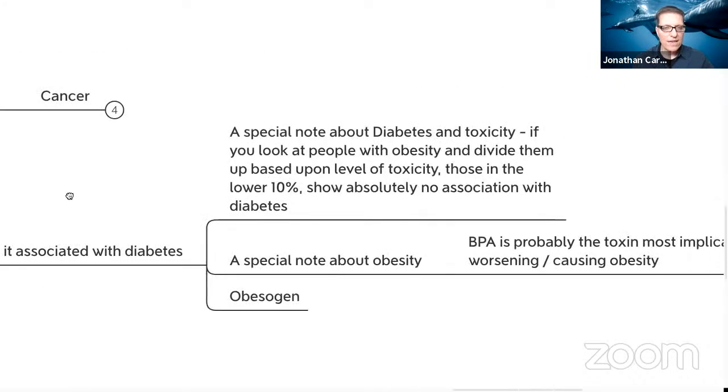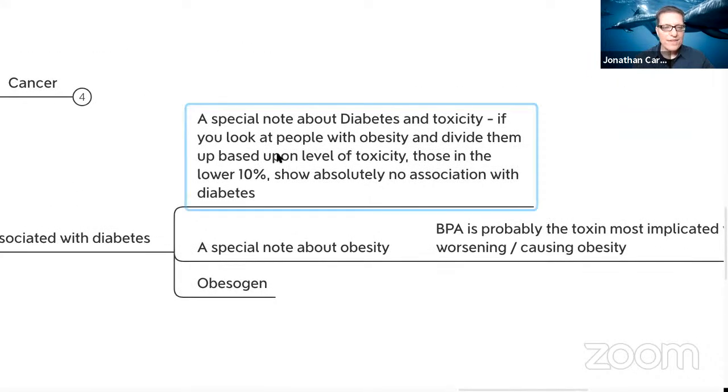And remarkably, if you look at people with obesity and divide them up based on level of toxicity, those in the lower 10% show absolutely no association with diabetes, meaning those with the lowest levels of toxins in their body, even if they're obese, show virtually no increase in diabetes. Now, that is an incredible thing. And I've seen other experts say that perhaps 15 to 20% of type 2 diabetes is directly related to toxin exposure.